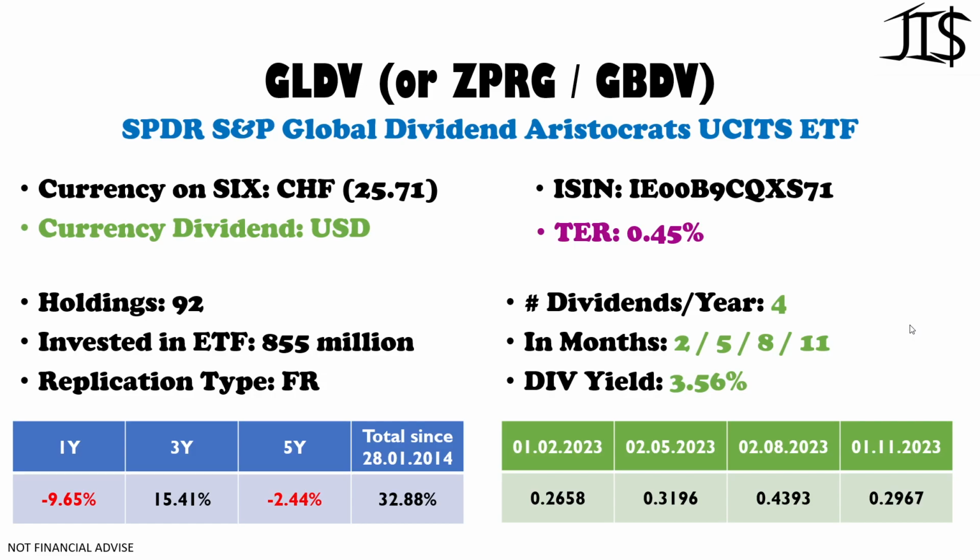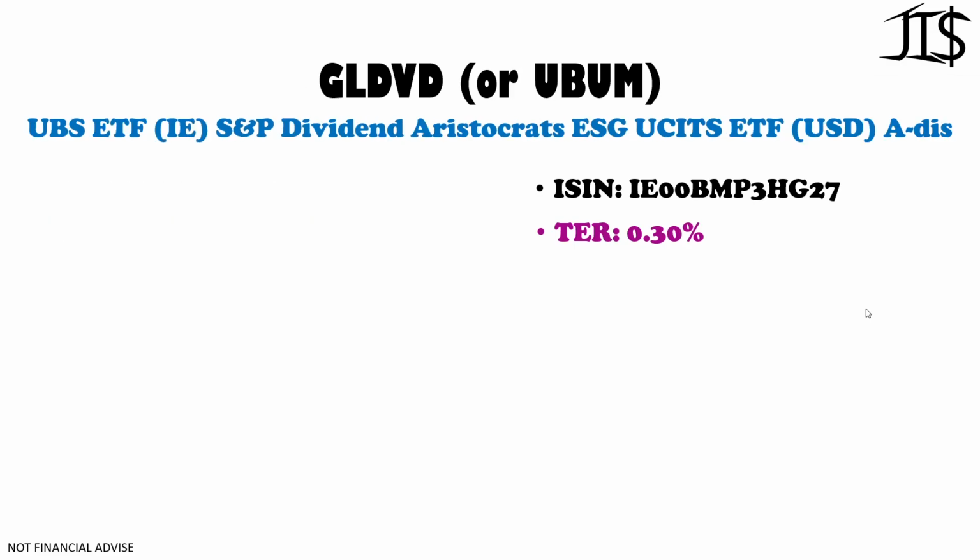So I like this stock also. We don't have that much of it yet, but I'm going to build this one up in our portfolio as well. Then the next one, it's the GLDVD, or UBUM, we should say.